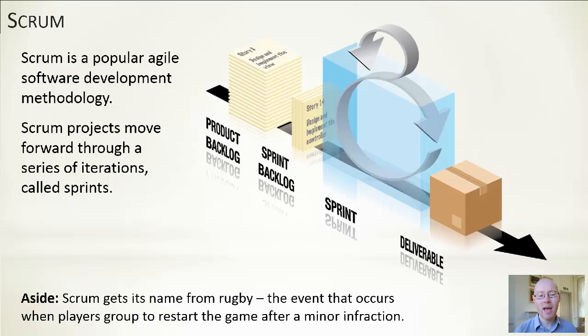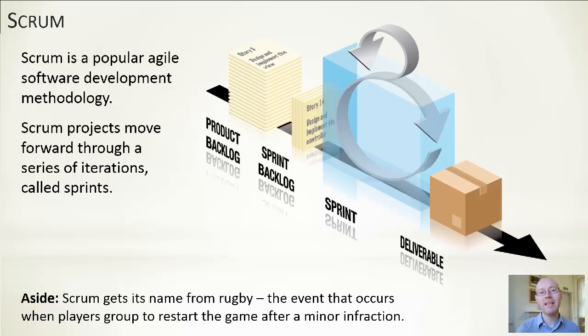You can see here we have a product backlog. The backlog is effectively a long list, can be as long as it needs to be, of all of the things that we might want to do within this project. So it's all of the items of functionality, essential, desirable, optional, doesn't matter what it is. A sprint backlog is then the things that we're going to try to accomplish within a sprint.